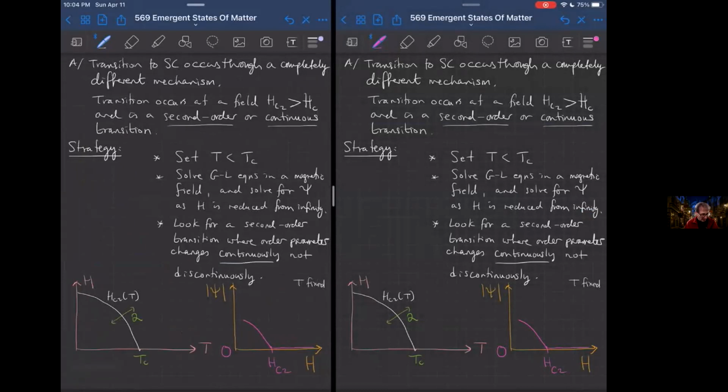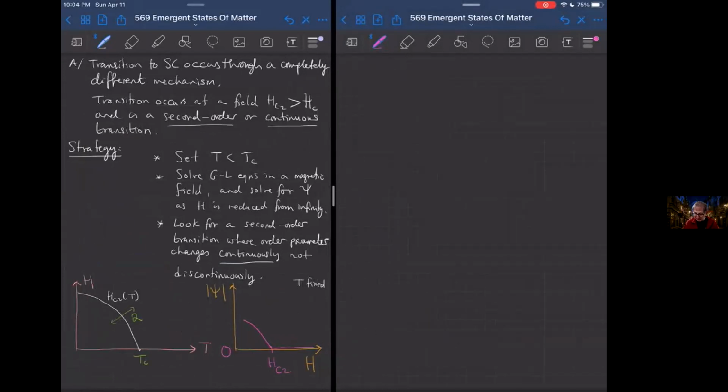So let's now go ahead and do the calculation that justifies this. Now, the point about the calculation is that because we are looking for a second order transition, or continuous transition, then we know that in the vicinity of it, the absolute value of psi is going to be much less than 1.